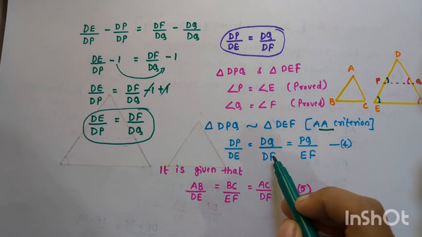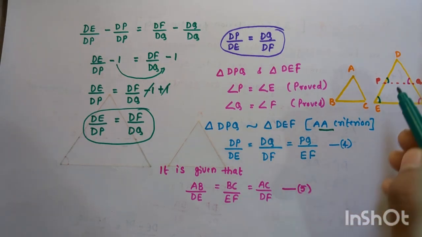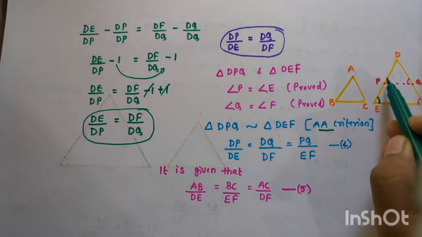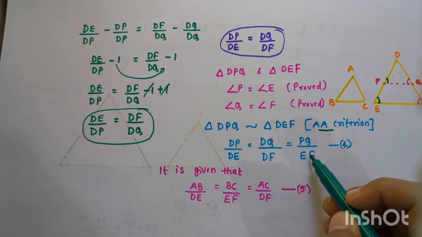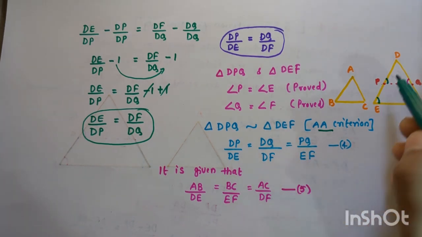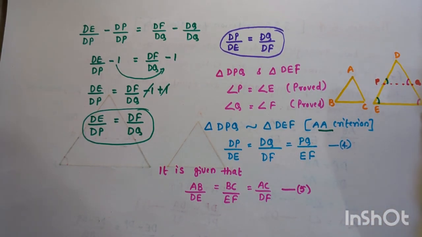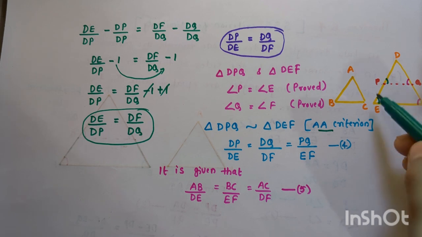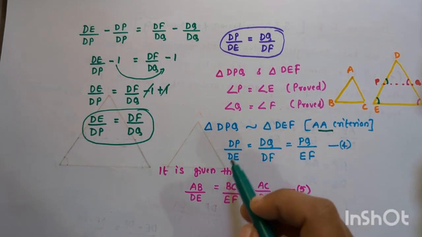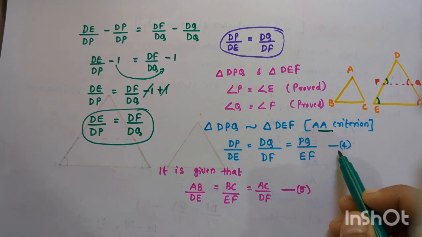So DQ by DF is equal to PQ for the small triangle, corresponding to which for the big triangle we have EF. So PQ by EF. Since these two triangles DPQ and DEF are similar, their corresponding sides will be in the same ratio. We can write it like this, which is taken as 4.